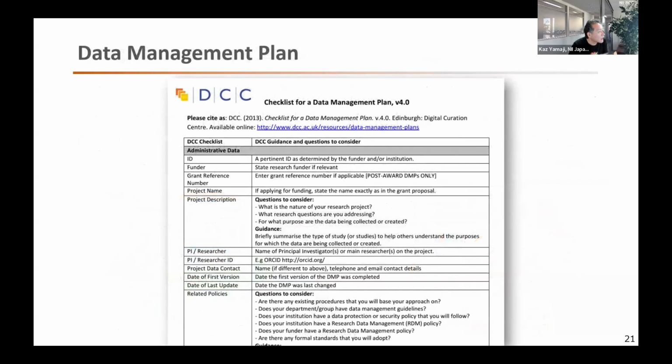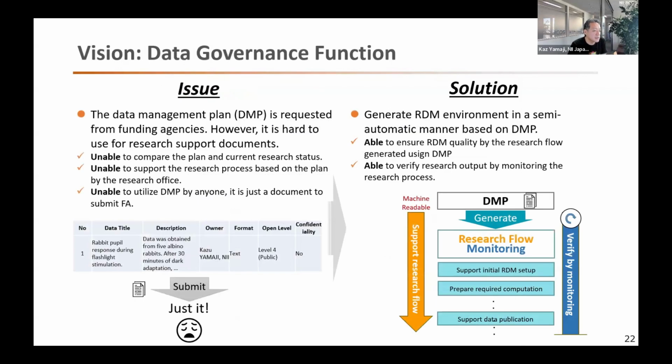And our data governance functionality manages the DMP, the data management plan. As you know, the DMP is something like a document we have to describe about the project, but in most cases, it's just a document that has to be provided to the funding agency.